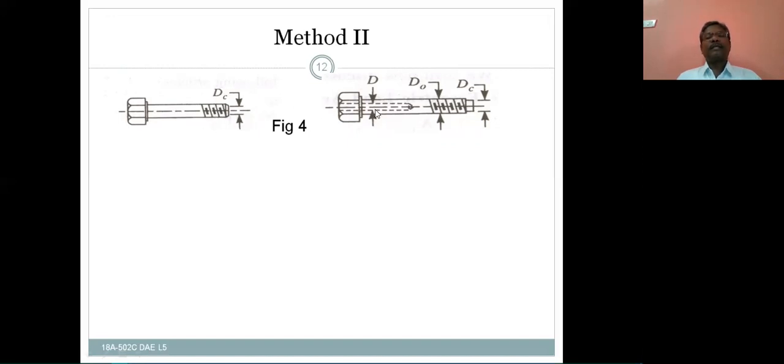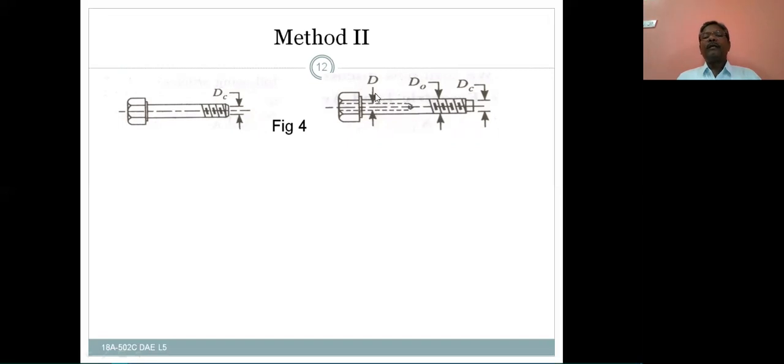Now let us see, in this second method we are going to drill an axial hole through the head, hexagonal head, or maybe square head or round head, whatever it is, up to the threaded portion. That means here in this figure it has been given wrong; this must be up to the length of the thread. The length of the hole should be up to the threaded portion through the head.